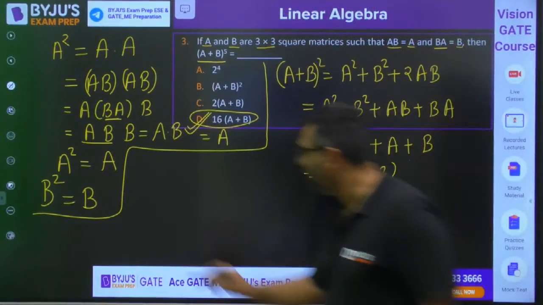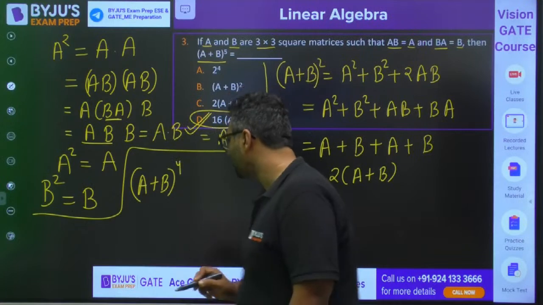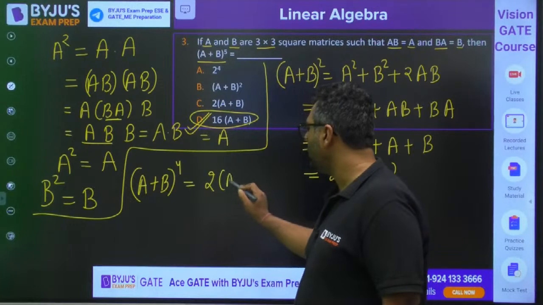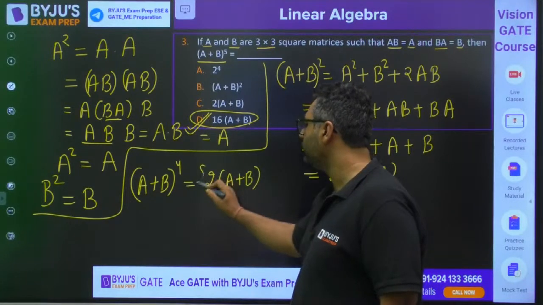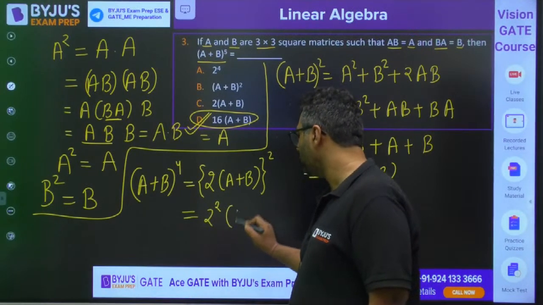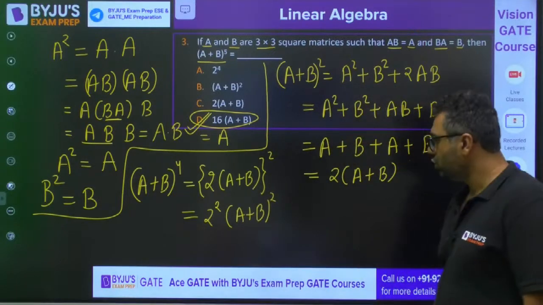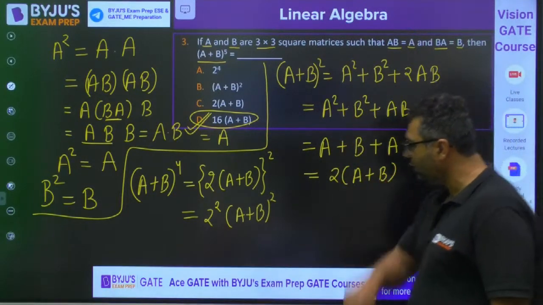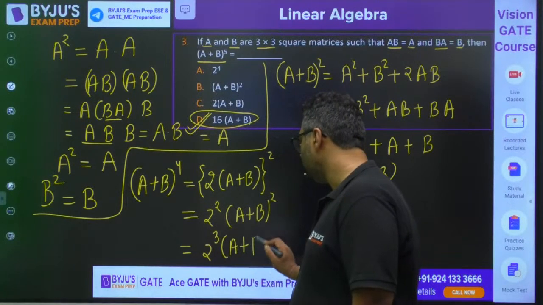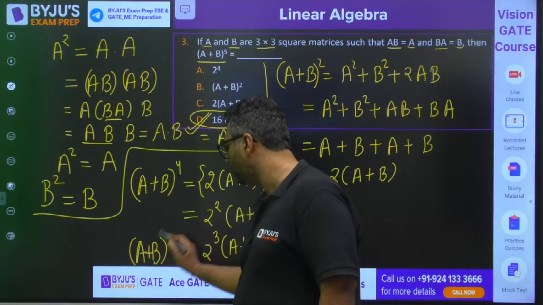Then if you have (A plus B) to the power 4, it will be 2 into (A plus B) to the power 2, that is, 2 squared into (A plus B) whole square. So you know (A plus B) square is nothing but 2 into (A plus B), so 2 to the power 3 into (A plus B). So you can see (A plus B) to the power 4 is this.